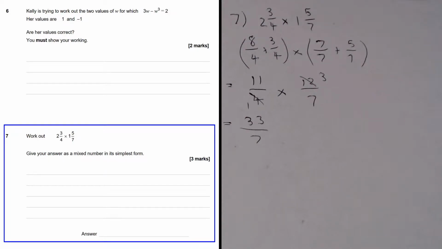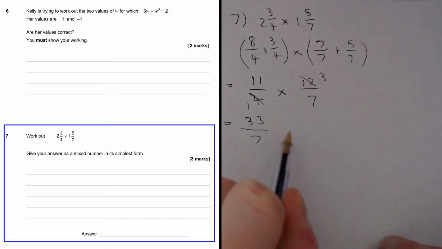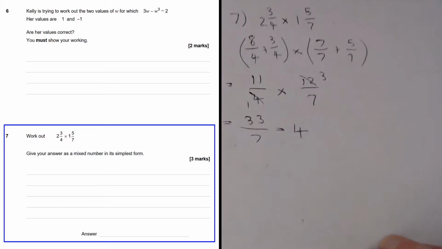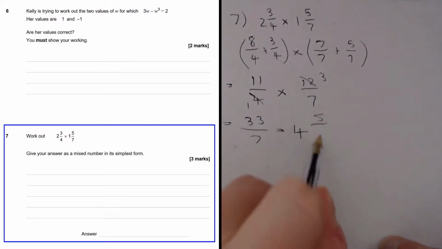So we need to write this as a mixed number. How do we do that? Well, let's see how many 7s we can get into 33, and let's see what the remainder is. Well, 7 4s are 28, yeah? So we have 4 whole lots of 7s in that, and then we've got the difference between 28 and 33, which is 5, so we've got 5 7ths left over.